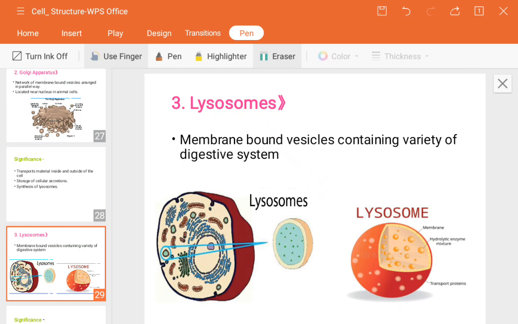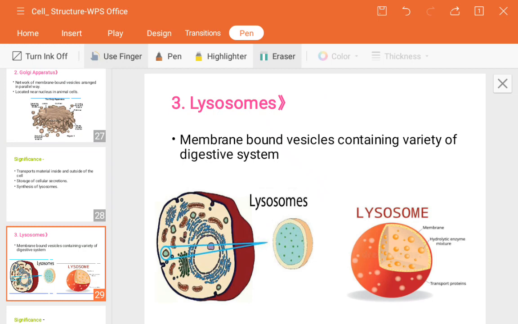See, who is producing the digestive enzyme? The lysosome. That will help different cells to digest the different types of materials or molecules which come from outside or are present inside, and which are synthesized by different organelles. Next, what is their structure?